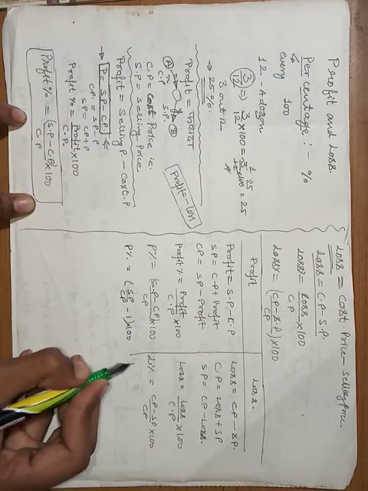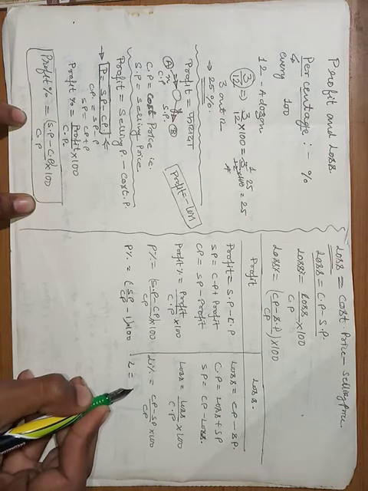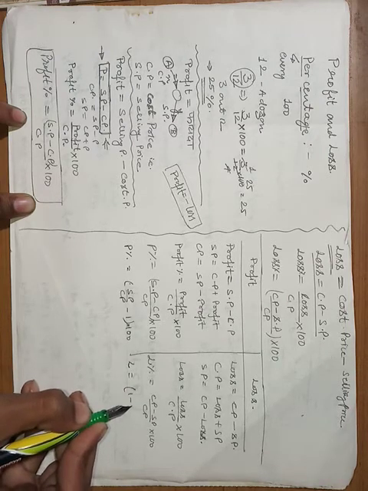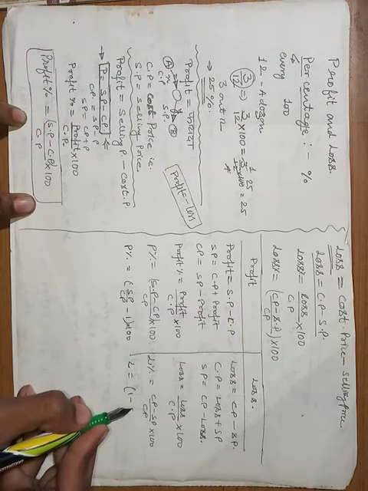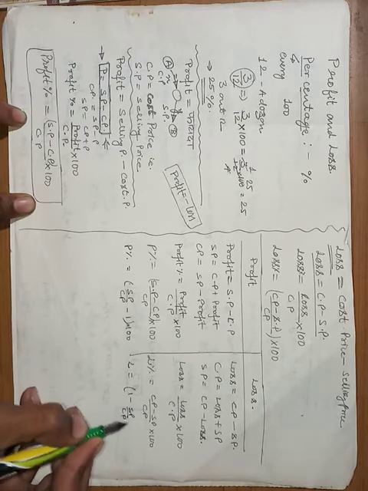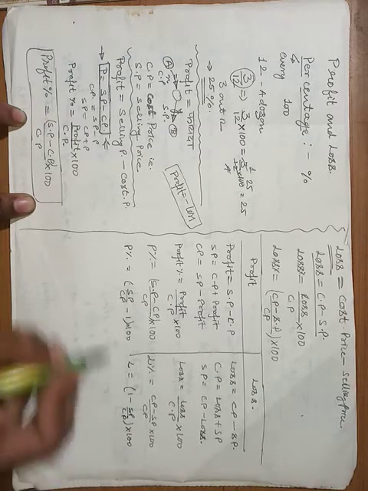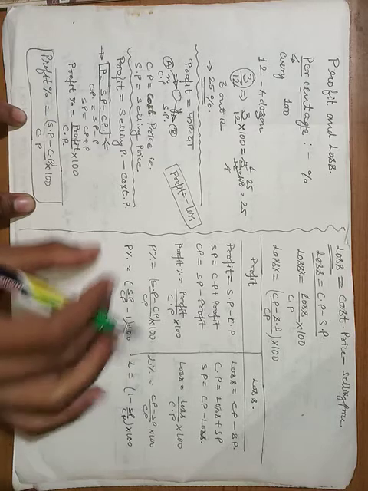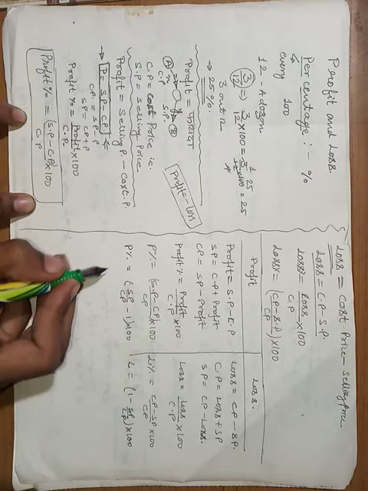And from here you can say 1 minus SP upon CP into 100. So from here, if you want to extract anything, you can extract it.